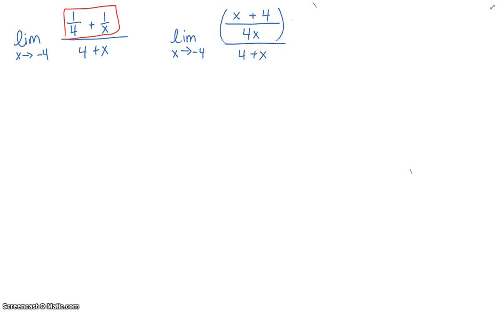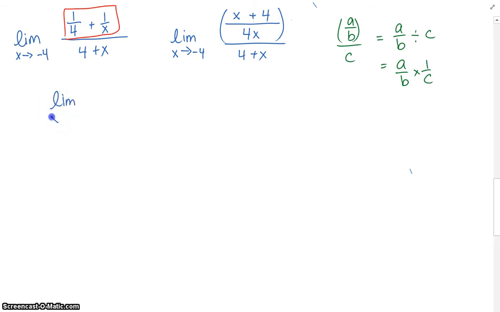Now when you have a fraction over a fraction, you can write it as a over b divided by c, which is then the same thing as a over b multiplied by the reciprocal. So we can rewrite this as the limit as x approaches -4 of x plus 4 all over 4x divided by 4 plus x, which is the same thing as multiplying by 1 over 4 plus x.